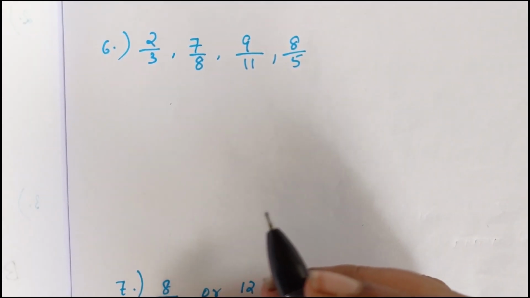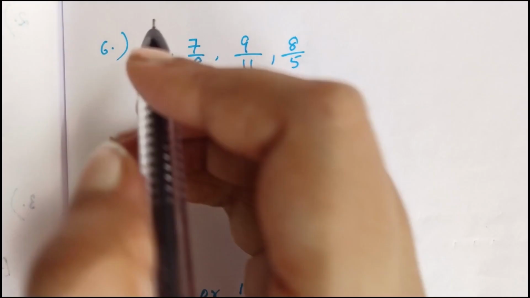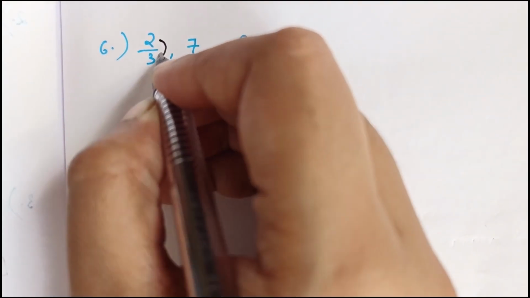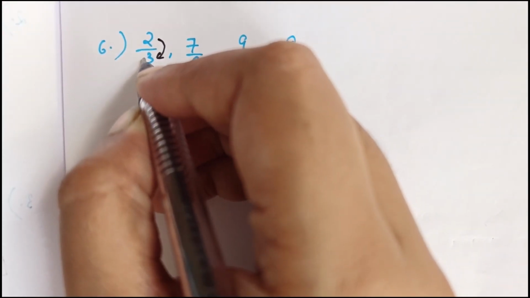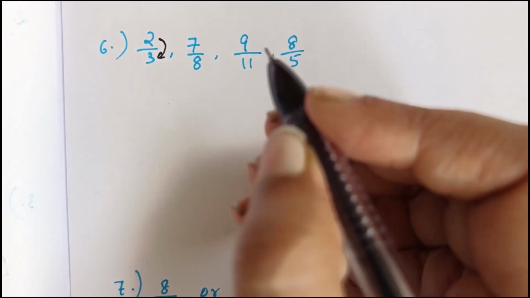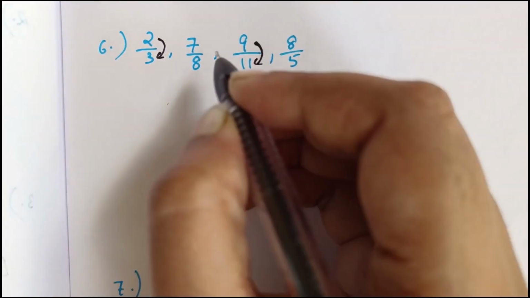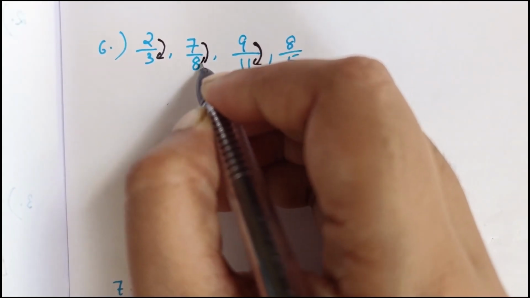So here you can see that there aren't any similar numerators or similar denominators, and also the difference between them. Here the numerator is less than denominator, that is, denominator is greater than numerator. Here also the denominator is greater than numerator. Here also the denominator is greater than numerator.